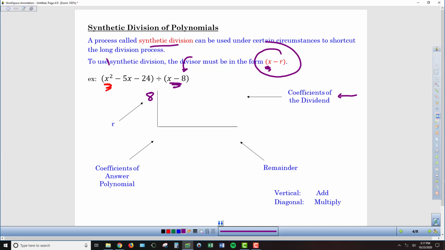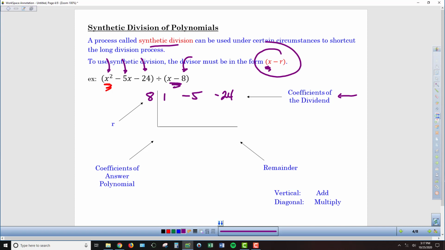The coefficient in front of x squared is just 1. Then the next coefficient is negative 5. And then the next is this last integer piece, negative 24. I don't need to keep the x squared or the x, so I'm just copying down the coefficients across the top.